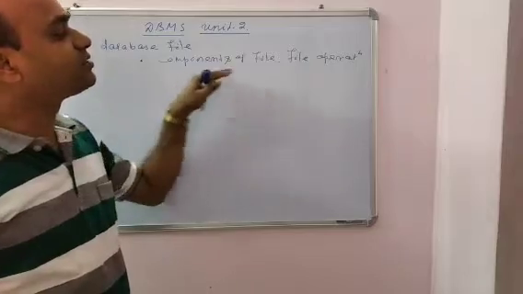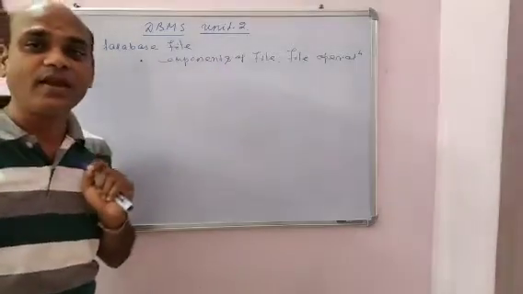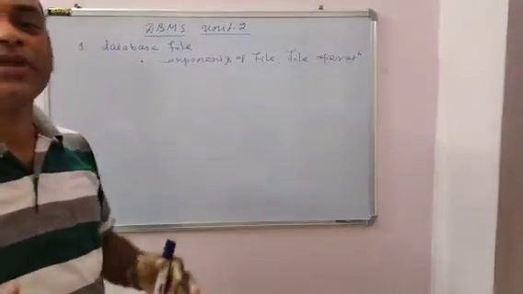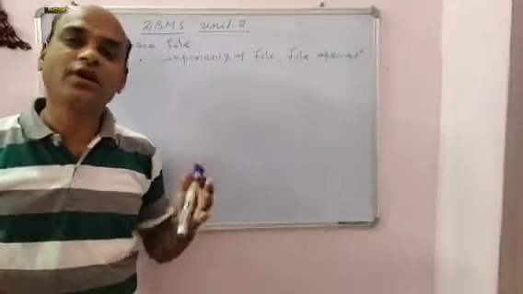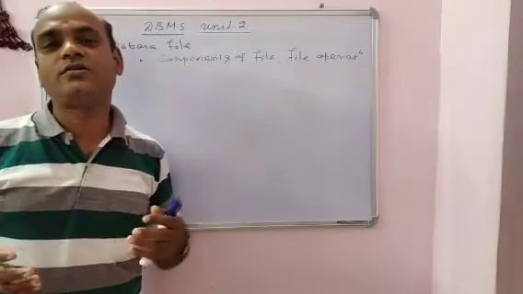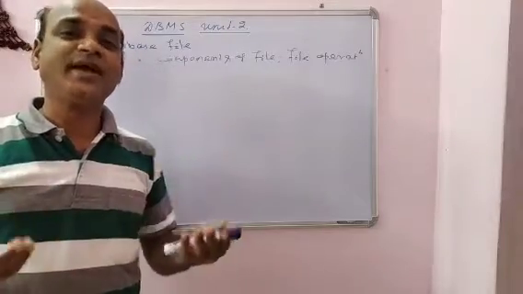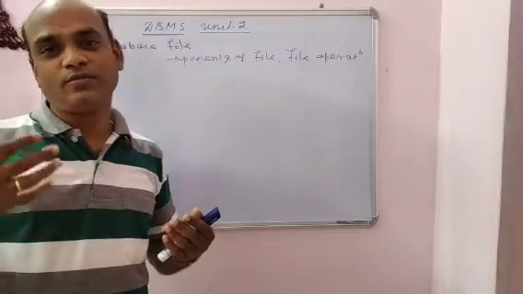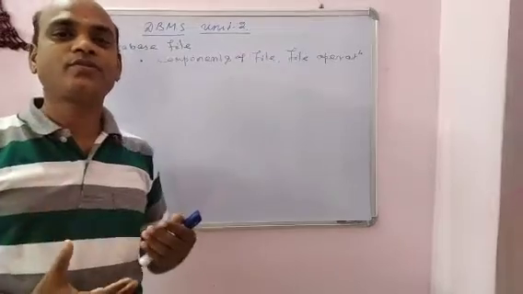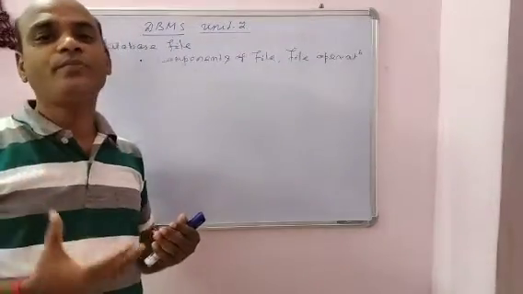We have learned the basic concept of the database file, how data are stored in a tabular form, in an organized way, so that data can be manipulated, can be retrieved in an organized way, and very quickly.